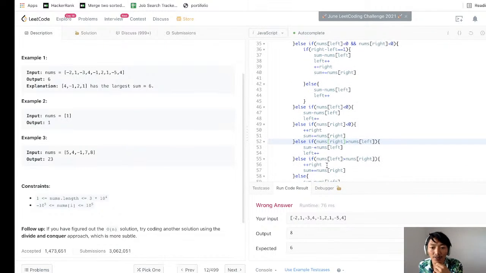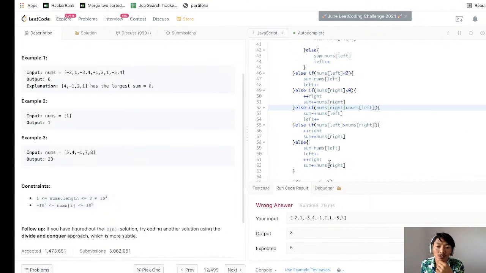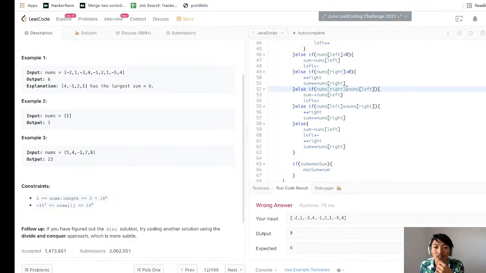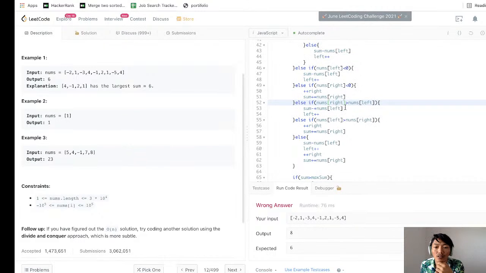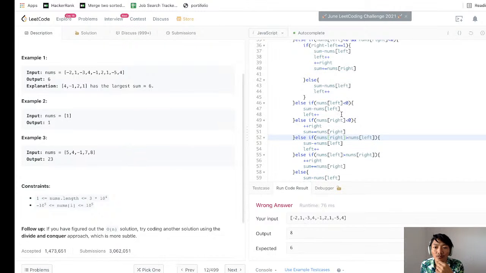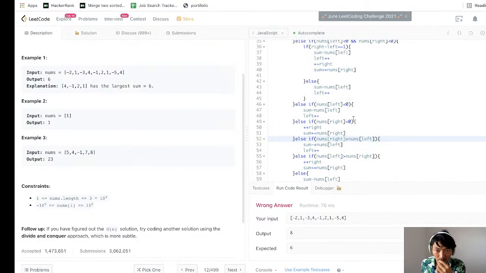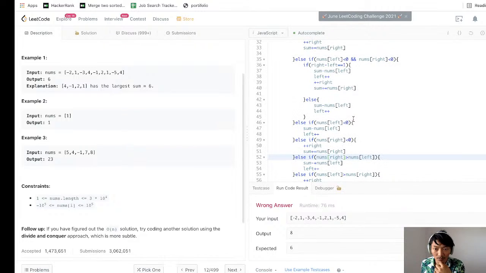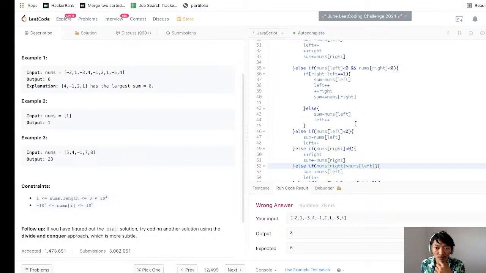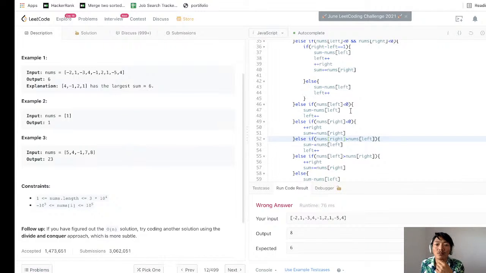So what we need to do is left. Okay, so what we did was we came here. If... no, we just increase this.